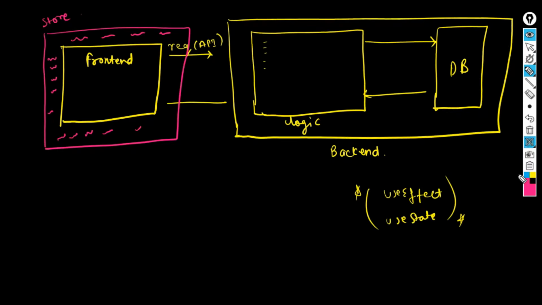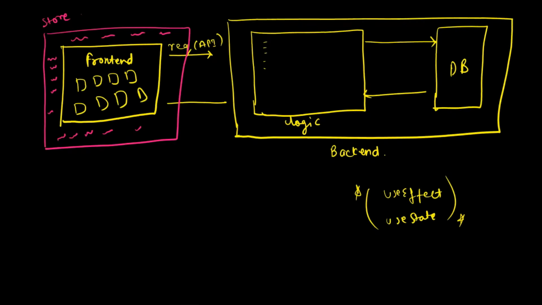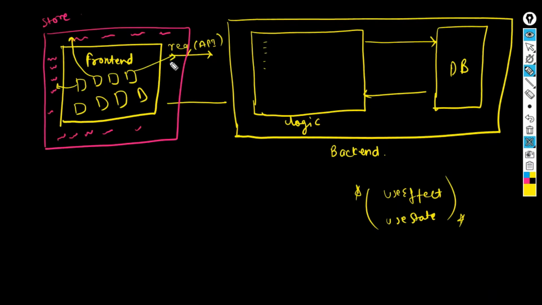Now whatever component needs the data, what they do is they fetch it from this store. The store is common for everyone. They fetch from here. No need to again and again do an API call.